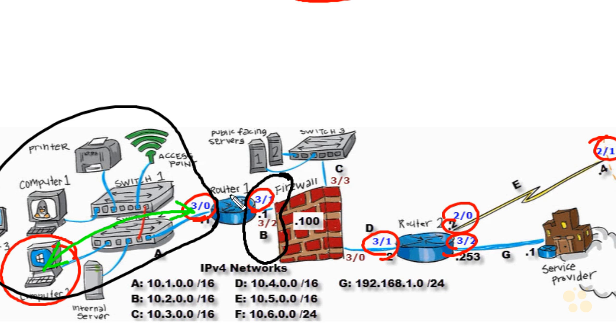However, what Router 1 does not know is anything beyond those directly connected networks. It doesn't know how to get to network C or network E or network G or anything on the internet because we have not implemented any type of routing yet as far as training the routers on how to forward traffic. And that, my friend, is the topic for our very next nugget.